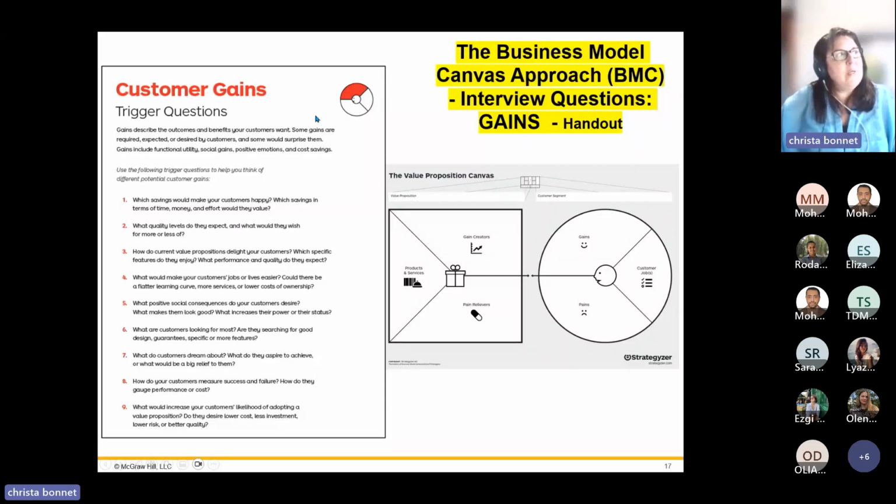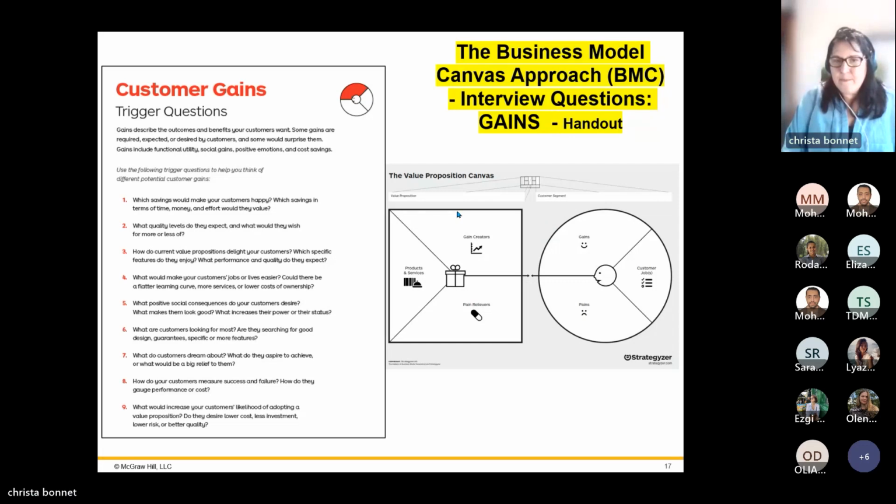What type of questions can you ask a client or an SME to determine what type of gains they need? So that at the end, once you have a better understanding of what the gain creators are that will make them smile, then you jot a note to them and say, okay, this is a potential solution for them.